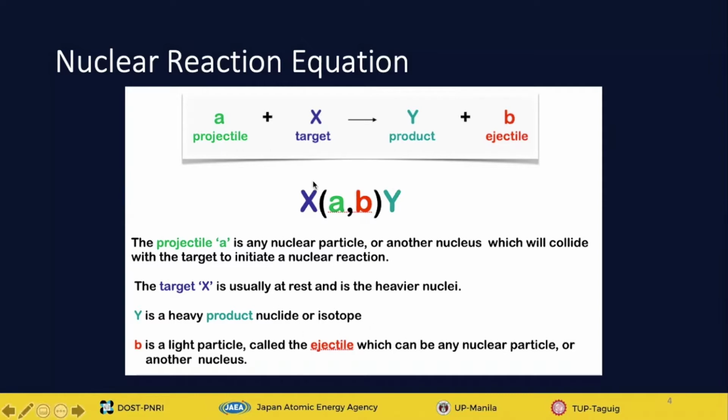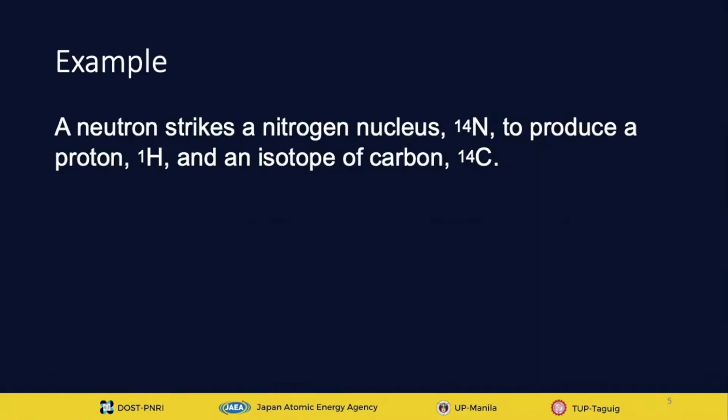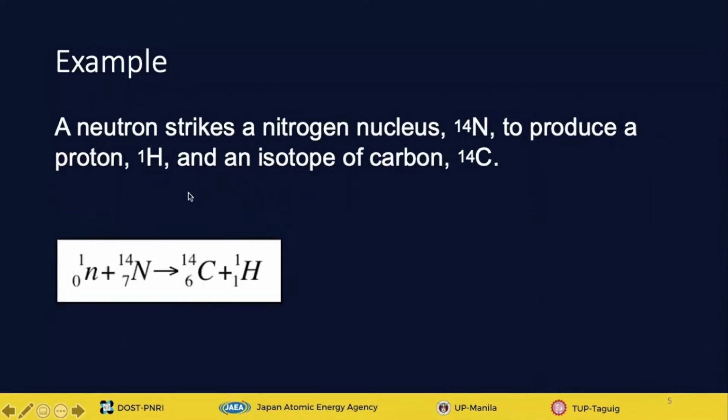Our target X, or our target nuclei, is usually at rest, and is heavier compared to our product nuclei Y. In this sample nuclear reaction, for instance, a neutron striking a nitrogen nucleus, producing a proton and an isotope of carbon, can be written as this nuclear equation right here.